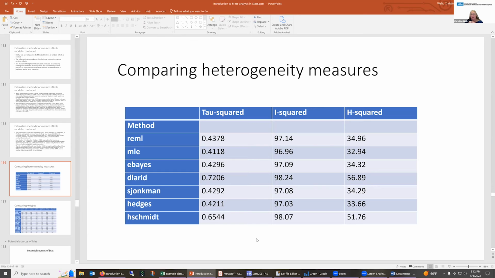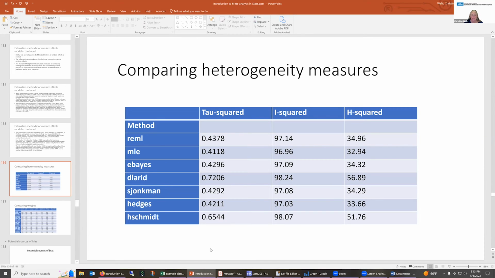So the idea here, though, is that these things will impact how your measures of heterogeneity are calculated, what they come out to be. You choose a method based on your data and what assumptions are most reasonable. The Stata documentation is very well written on this.